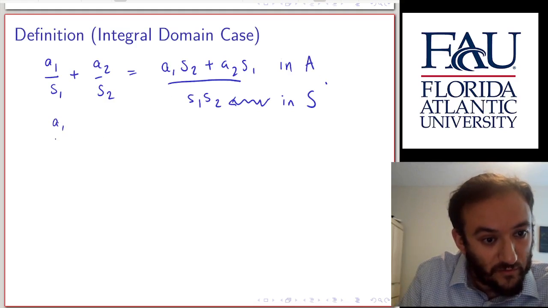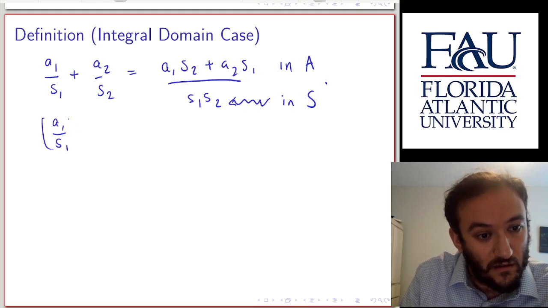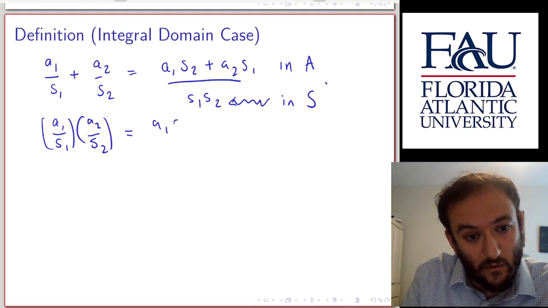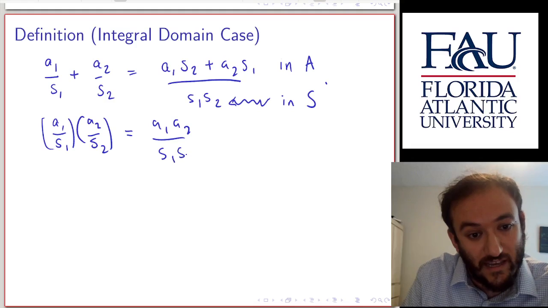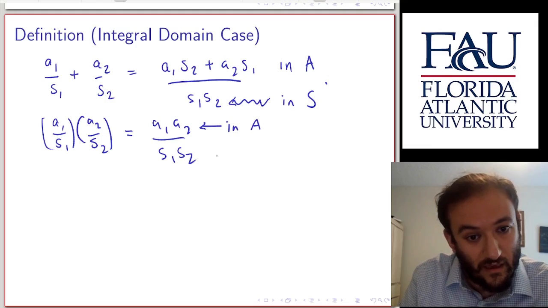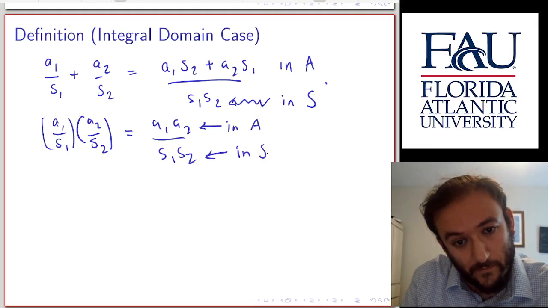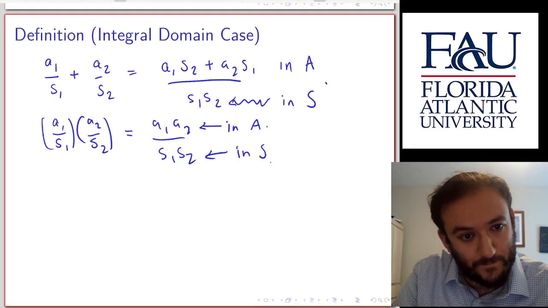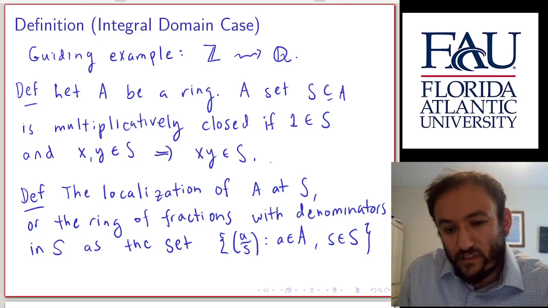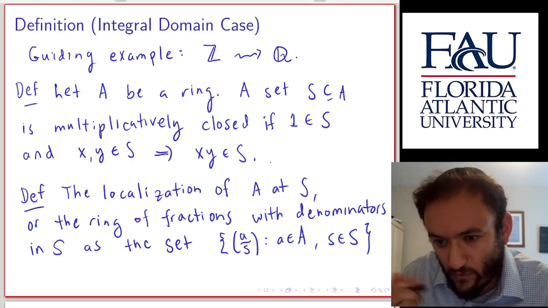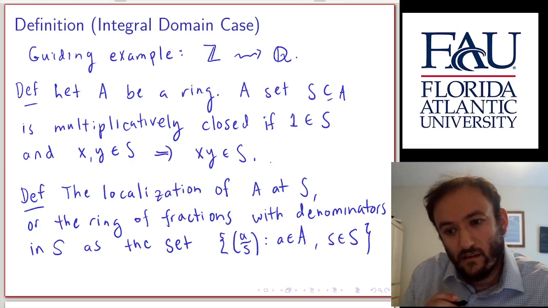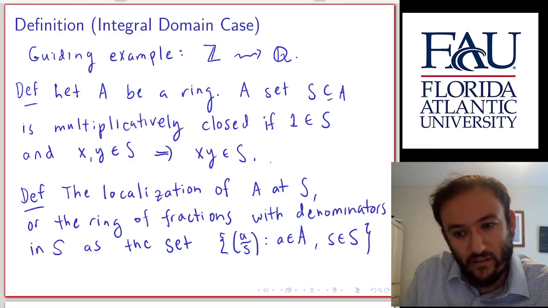And similarly, you have multiplication: a1 over s1 times a2 over s2 equals a1 a2 over s1 s2, and the same points hold. This is in A, and this is in S. Okay. So we defined this set of a over s, but one thing we didn't take care about is what if we can cancel things in the numerator and the denominator?